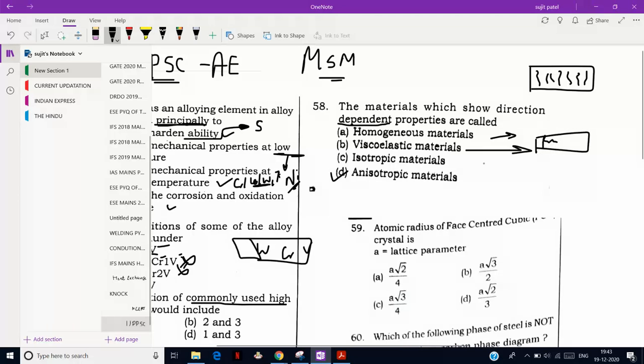Isotropic material has properties that remain the same in all directions. For example, if I apply a force on a block over an area, and then apply it in a perpendicular direction on the same cross-sectional area, the induced stress would be the same. If it depends on the direction, it is called anisotropic. So this is the answer.